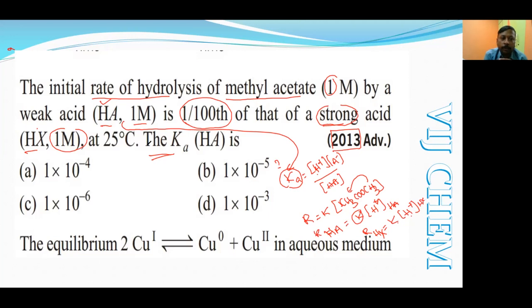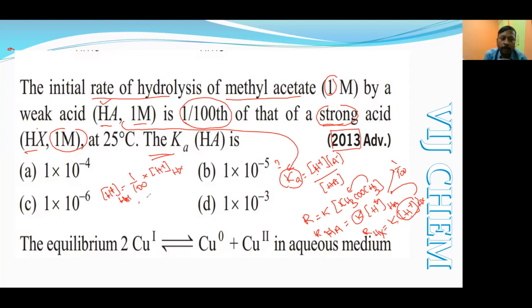So what is given? This is 1/100th of that. That means we can get the relative value of H plus from this. The concentration of H plus provided by the weak acid HA is 1/100th of the concentration of H plus provided by the strong acid HX.